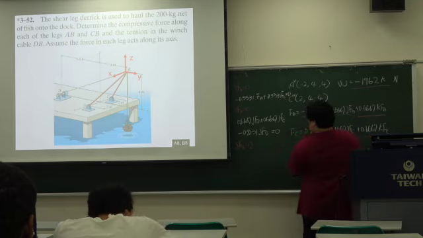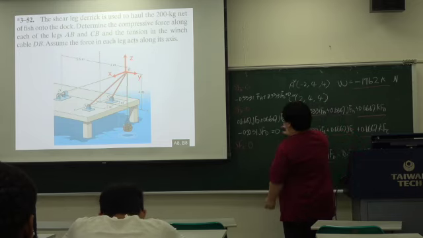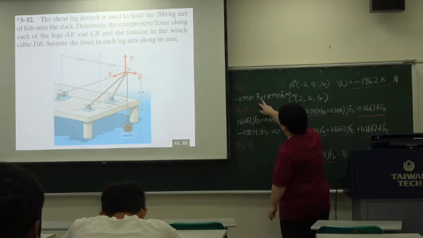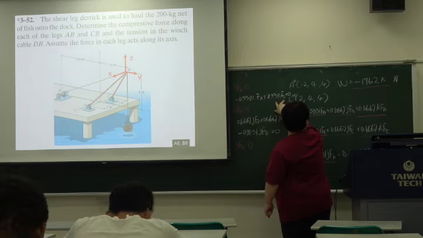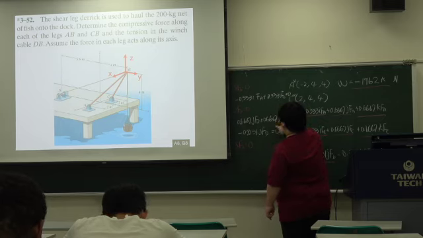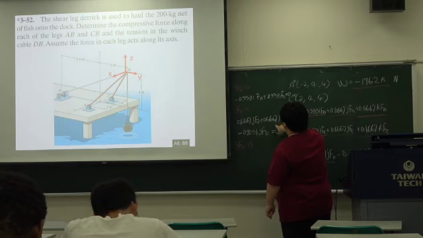Okay, so if we can find the relationship between FA and FC first, then we can put this result into this part, then we can get the relationship between FA and FD.